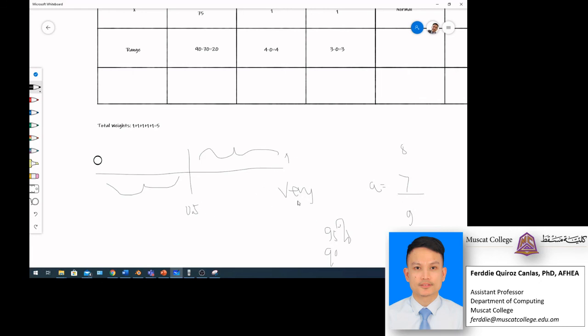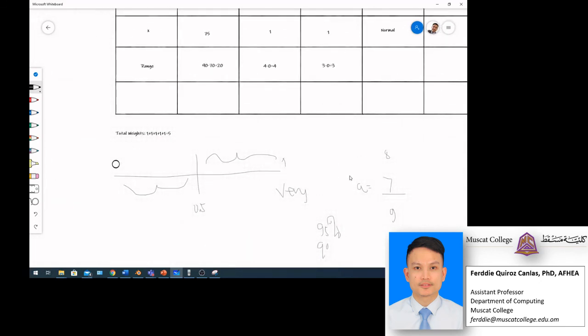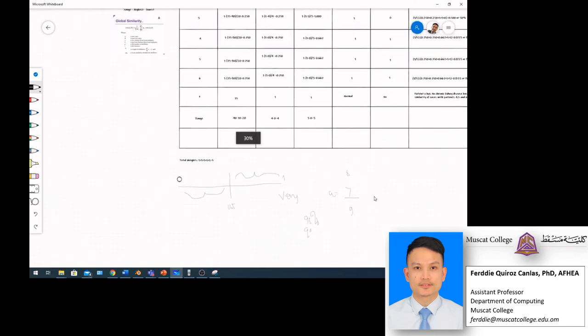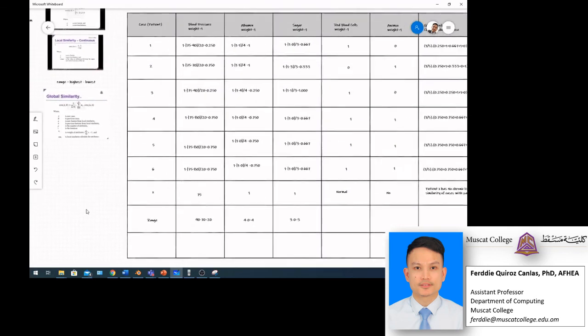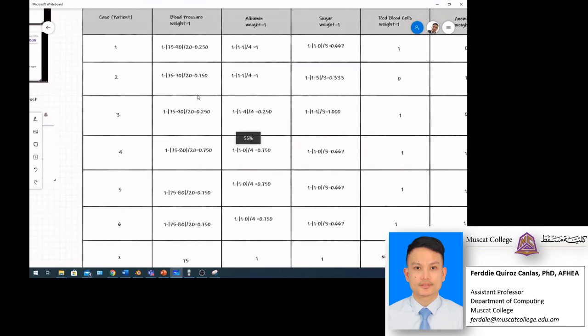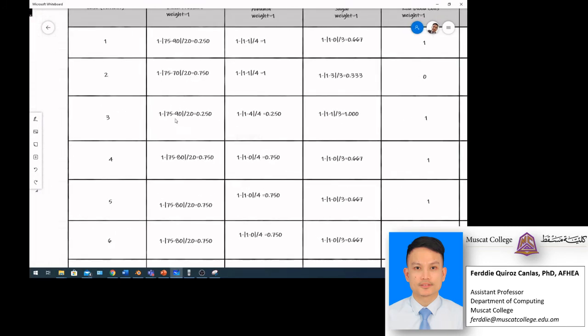So if you will notice, as the old case becomes very huge in the difference, values will range from 0.5 up to 0 depending on the values here. Let's say for example, in this case, you will see that 80 and 70 have the same value, which is 0.75, because our case is actually 75.